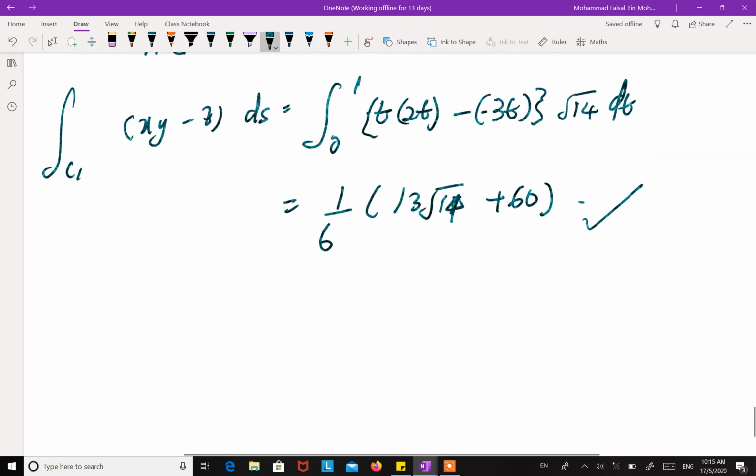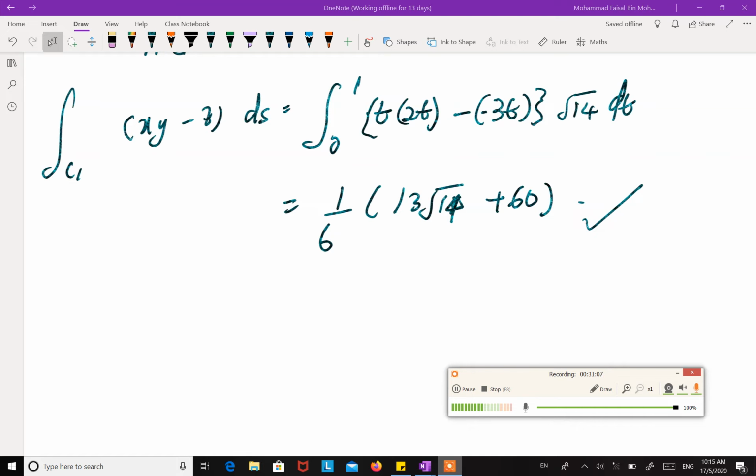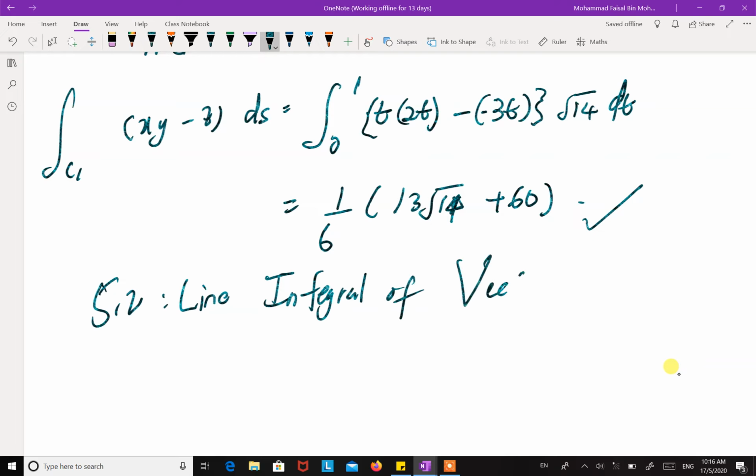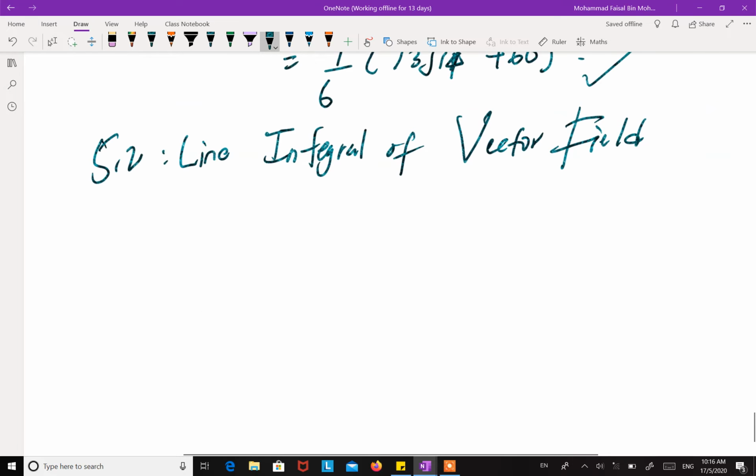So next I will move to 5.2, line integral of a vector field. Before this it was a scalar field, now it is the vector field.